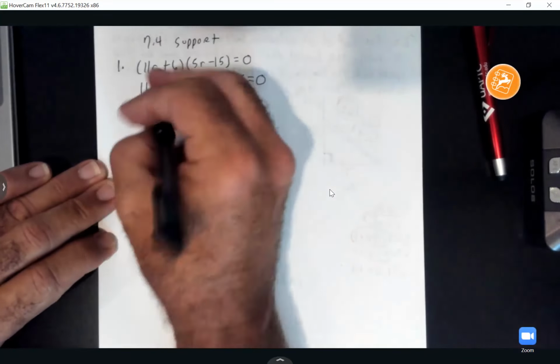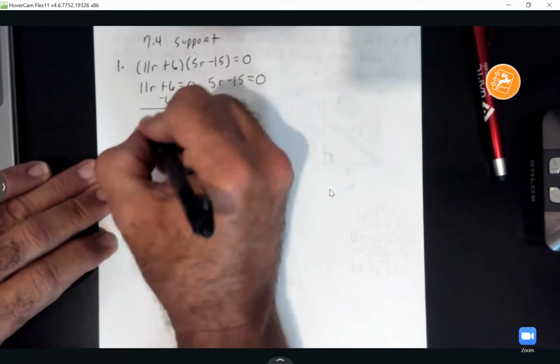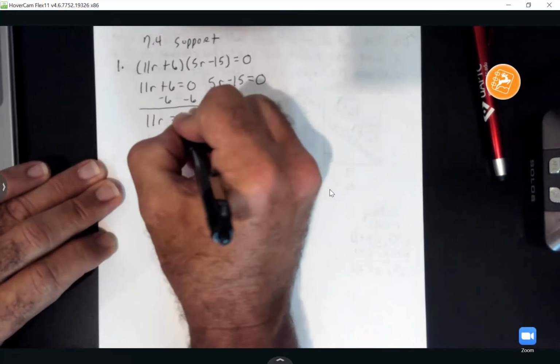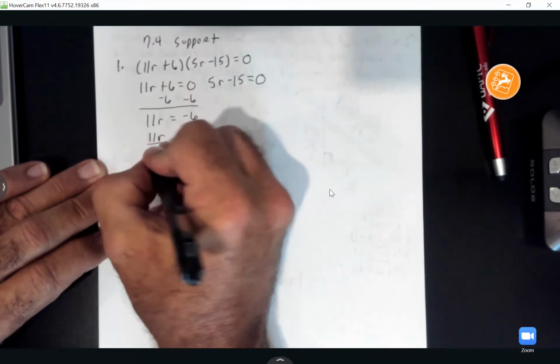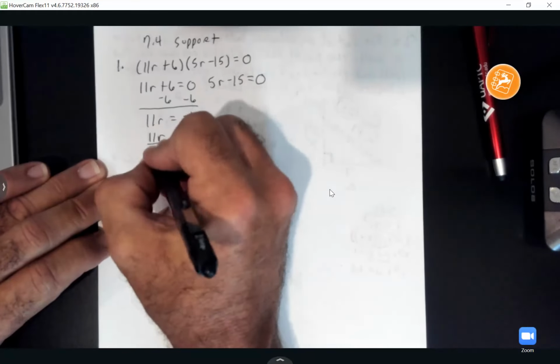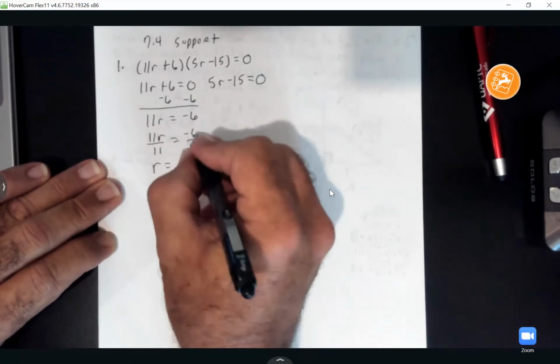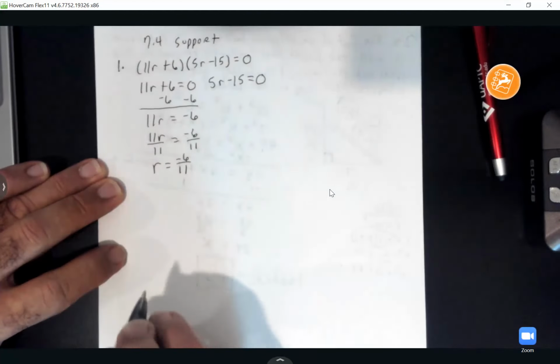So like my first one, I'm going to subtract 6. I get 11R equals negative 6. Then I would divide both sides by 11. So those cancel, giving me 1R. Can't do nothing with that, so that's going to stay a negative 6 over 11.